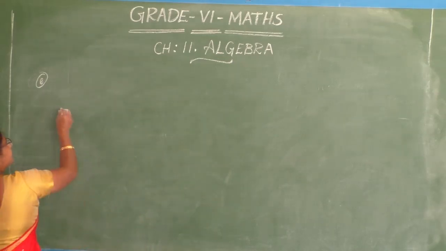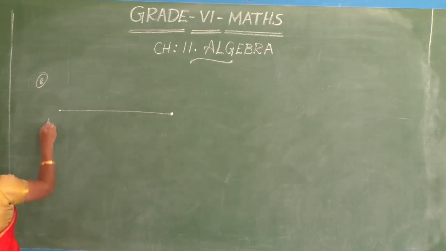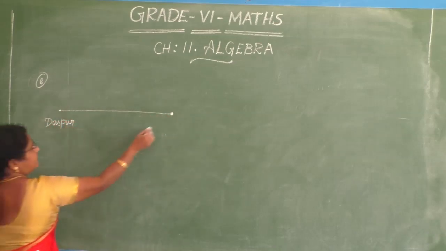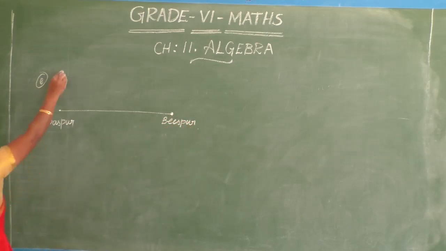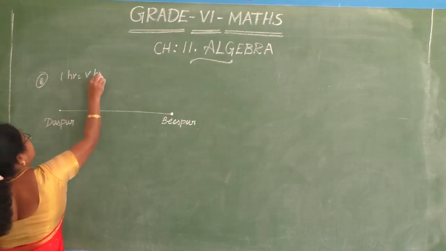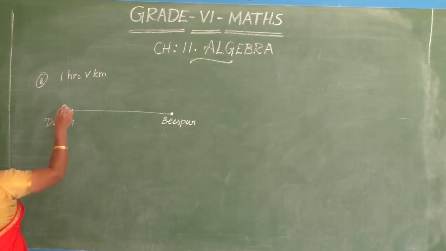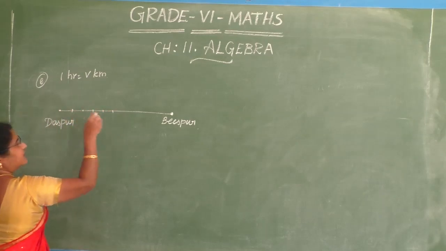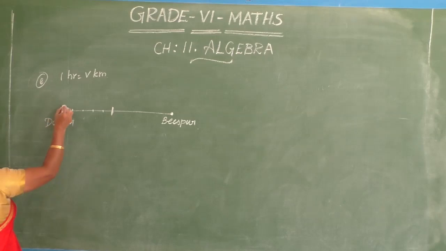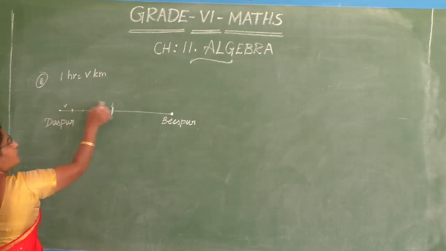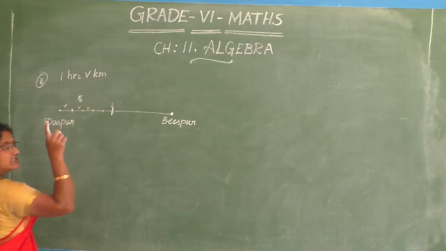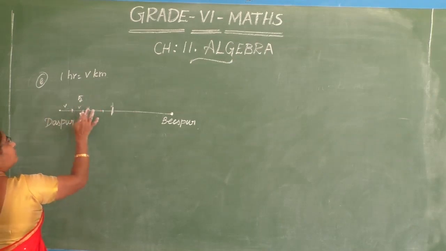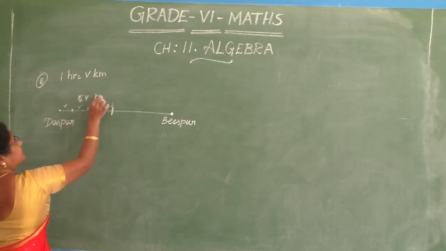Draw here clearly: Tazpur, Bispur. The bus travels v kilometer in 1 hour. So for 1 hour, 2 hour, 3 hour, 4 hour, 5 hours, at the time of 5 hours, how much? 5v. So after 5 hours, 5v kilometer.